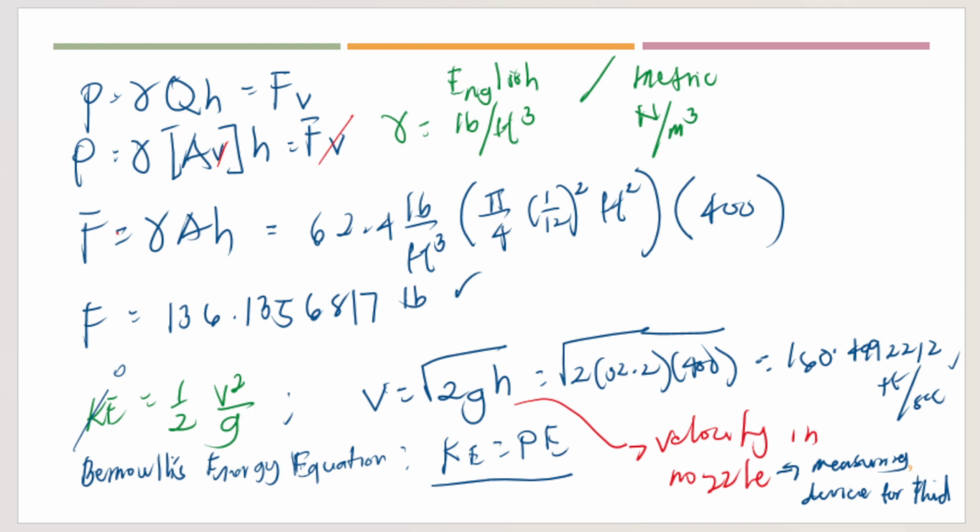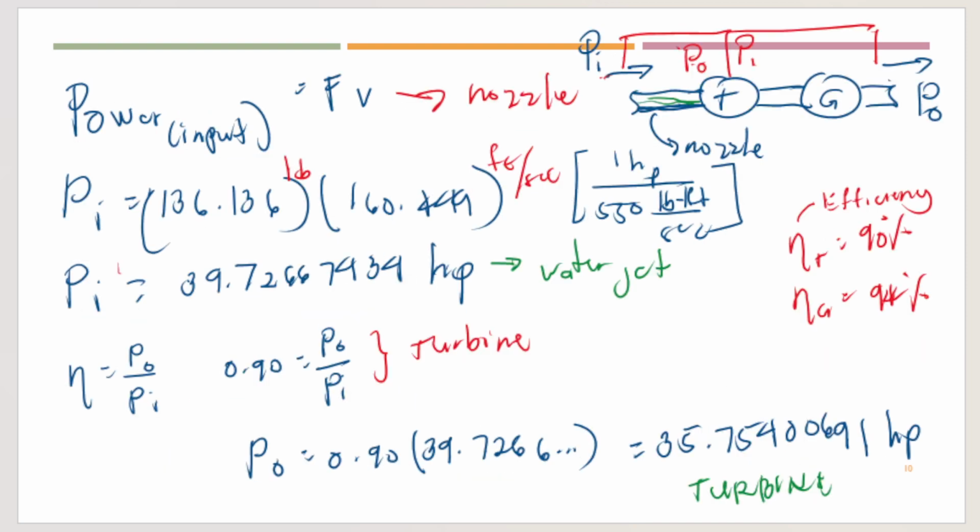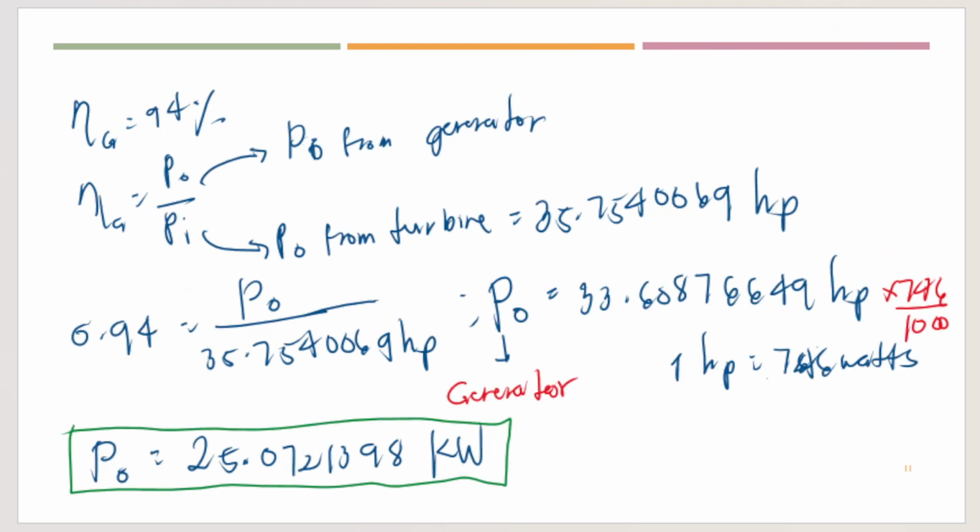From here, we went through two setups. We have a power input from the nozzle, and we computed the power output from the turbine. But that power output becomes the power input for our generator. That is how our solution went until we solved for our power output, the power output for the generator.